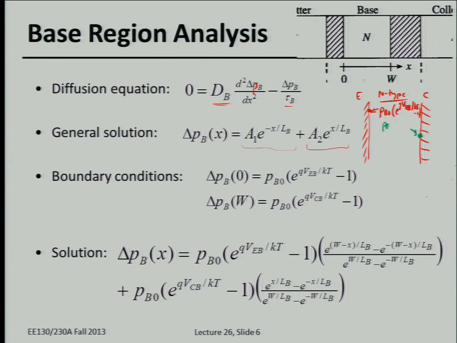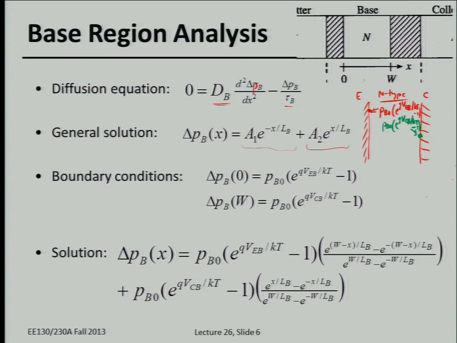Still the minority carrier concentration at equilibrium, but now it's enhanced by a different exponential factor, right? Because it's V_CB that's applied to that junction. Okay, does that make sense?